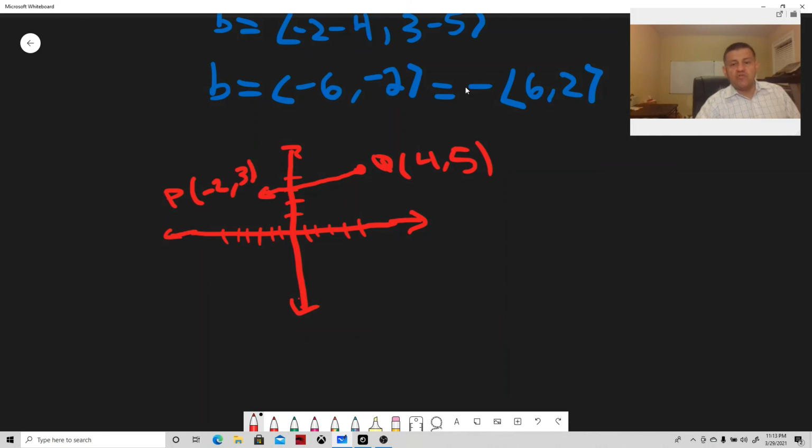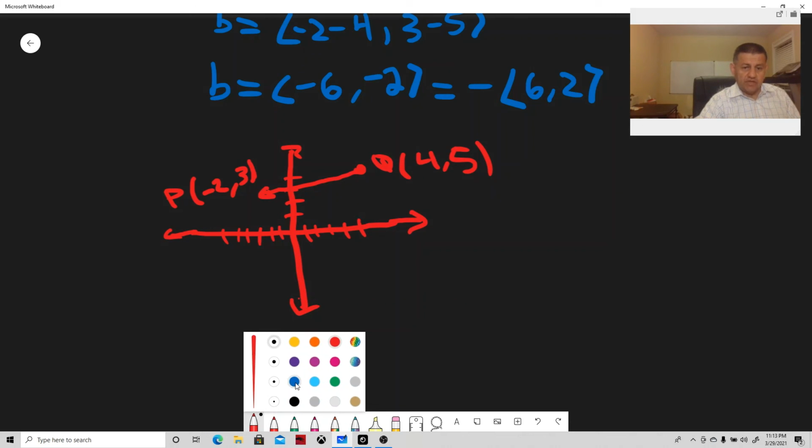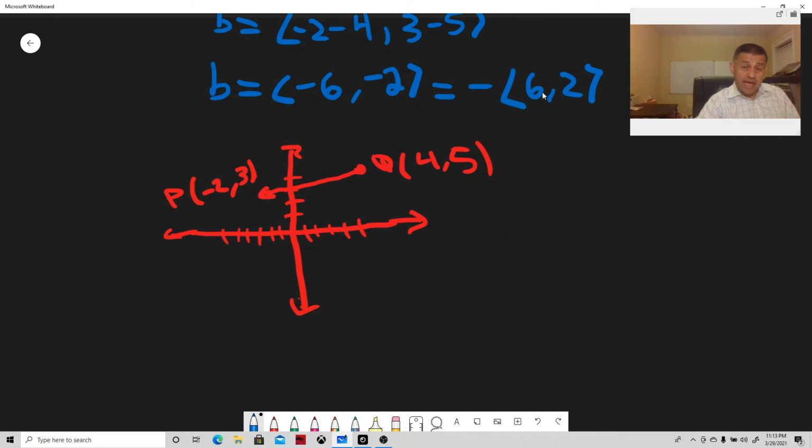Now we need to graph this part of it. Let me just change color. I need to graph that.